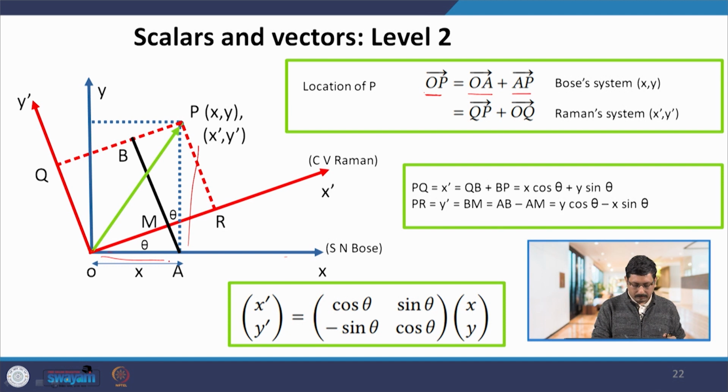Then the length of this vector OA is x and the length of this vector AP is y. So, he will say that the location of point P is given by these coordinates x and y. So, two numbers, the x component and y component that represents the location of point P.